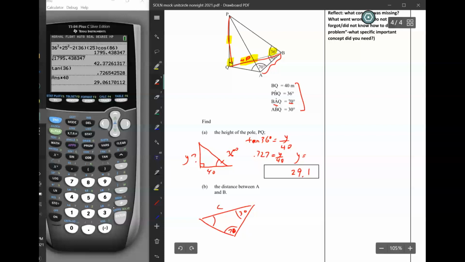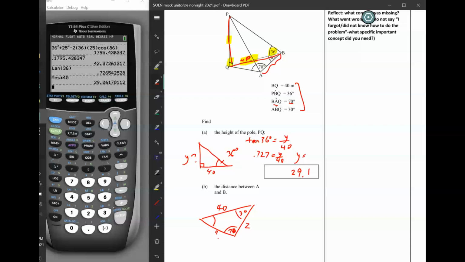And then we can label this side 40, length 40, and this side we want to know what it is, and this side we don't know what it is either. So the side that we want to know, let's label it Z.